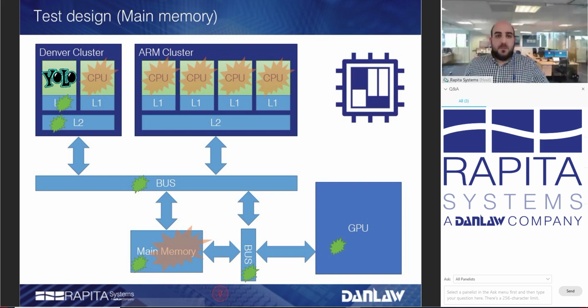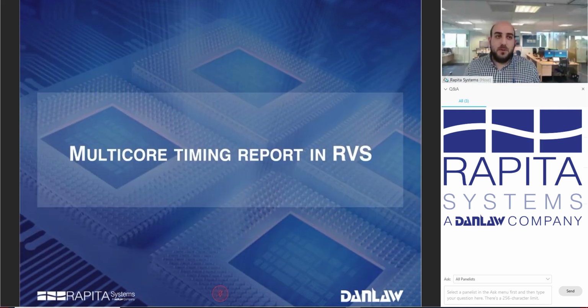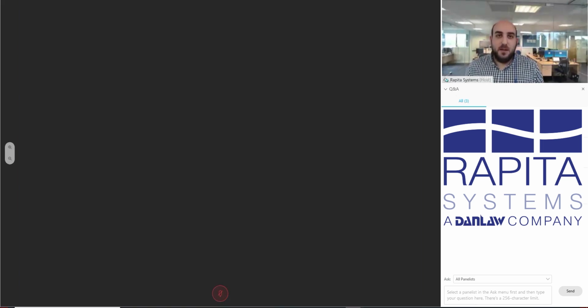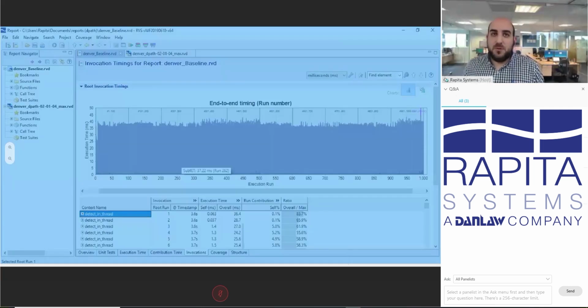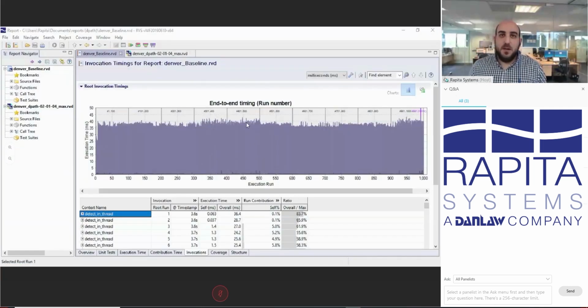So we've prepared this test, we've run it on the real target, we got our execution trace, and in the end, this all gets processed automatically in a rapid time report, which is on my screen right now. The tab that I have in front of me, the invocations tab, has a timeline, if you want, of the executions of every invocation of the root function.